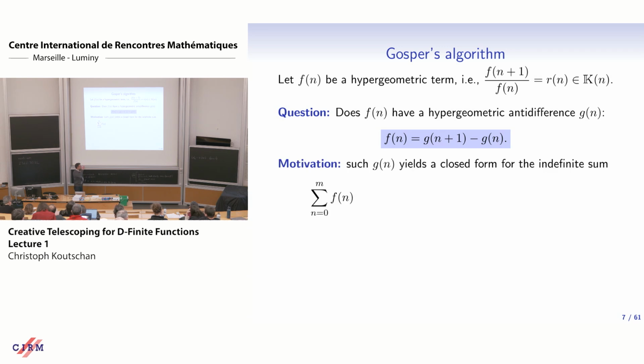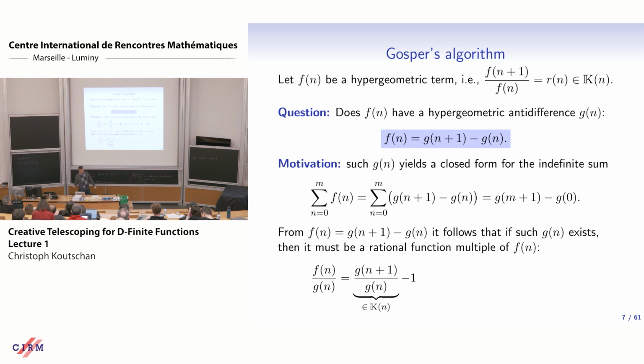Similarly, here we use this to do summation. If we want to sum f of n, and the upper bound is arbitrary, we can use such an antidifference. We plug it in, the sum telescopes, and we get a closed form evaluation as a hypergeometric term minus a constant.